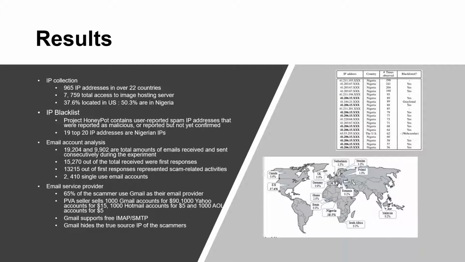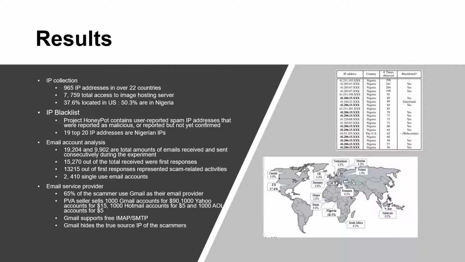Once the study was completed and analyzed, the results were pretty interesting. First of all, the researchers observed 965 IP addresses over 22 countries, and the total number of accesses to the image hosting server from those IPs was 7,759. So these scammers usually clicked on the image link an average of 8 times per scammer IP.